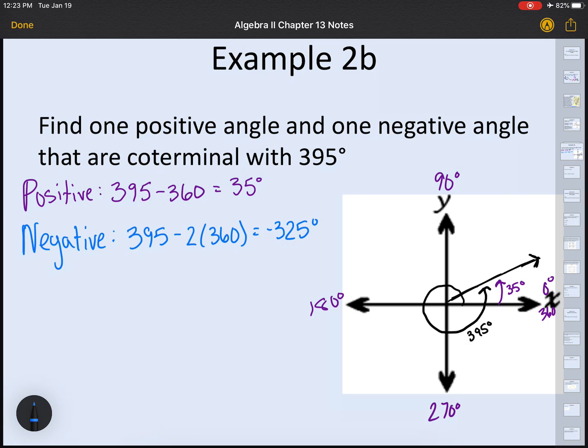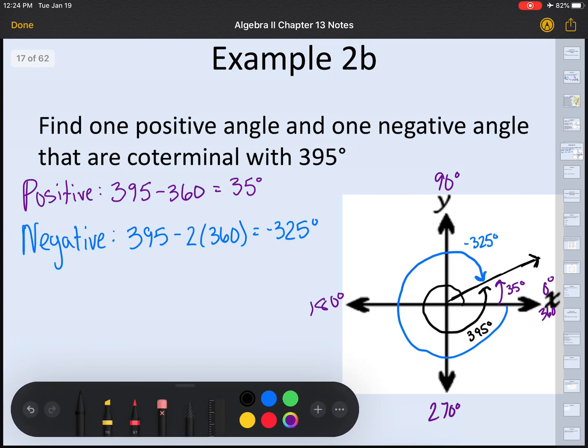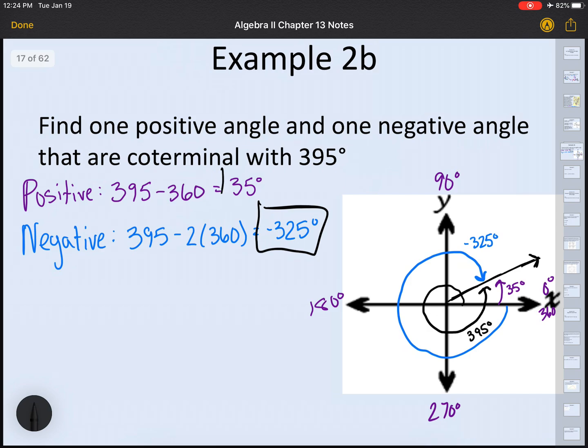Okay, so in order to do that one, I have to work in the negative direction. So negative 325 degrees, we have to do clockwise. So here's our one positive and one negative angle: 35 degrees and negative 325 degrees, and they're both coterminal to 395 degrees.